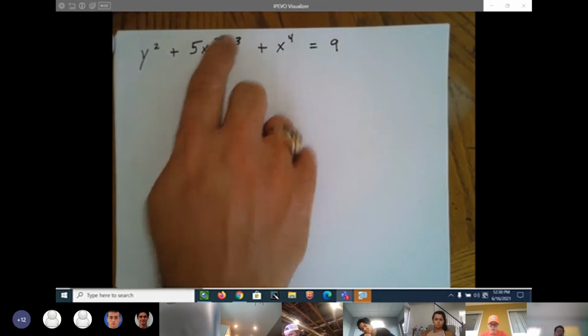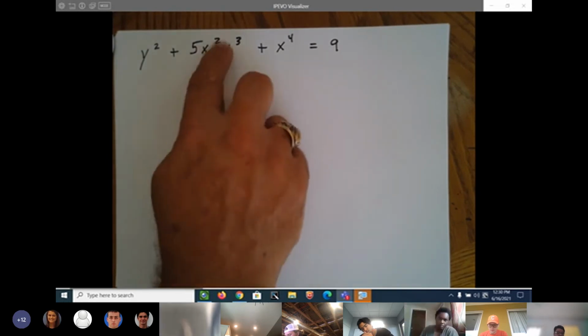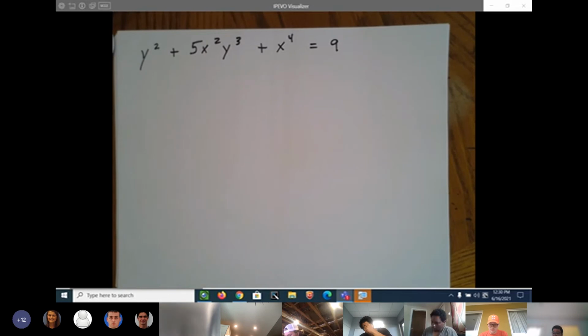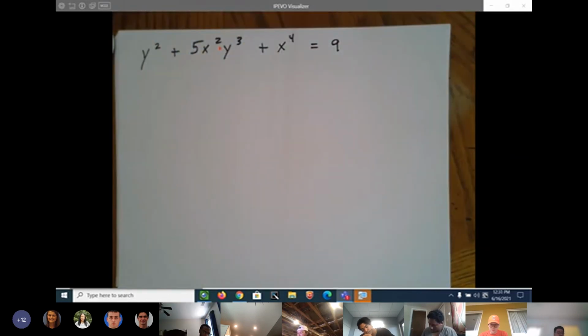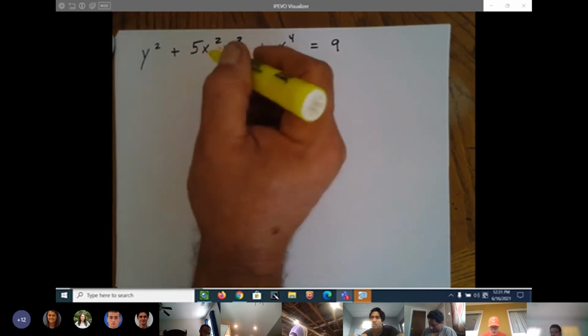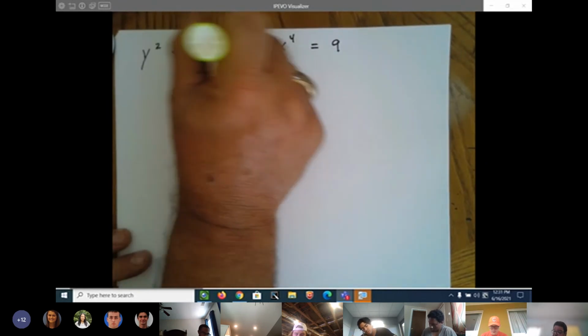What are you going to have to do there? Rewrite it or break it apart. Well, what kind of rule are you going to use there? Chain. Not chain, but what? Product rule. Okay, because you know it's not the quotient rule because it doesn't have a fraction bar. So product rule.